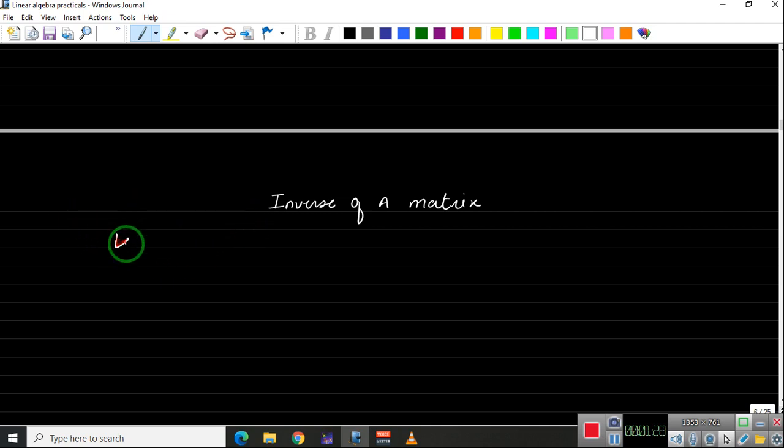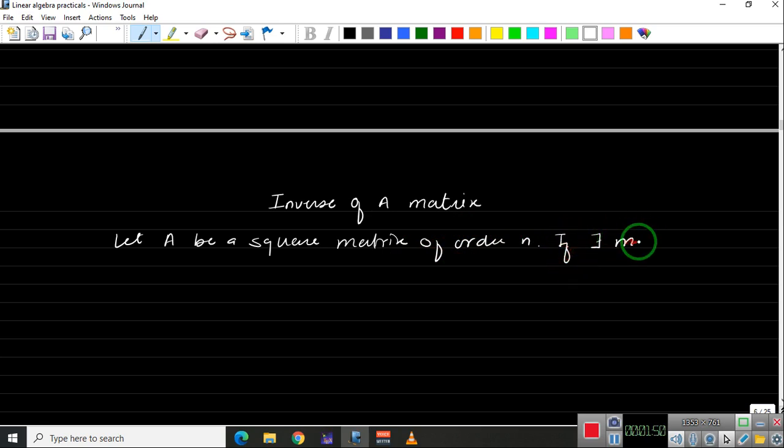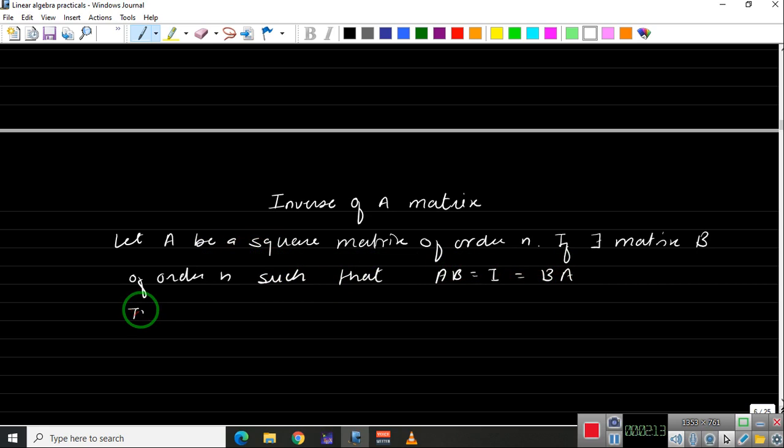Let us take a square matrix A. Let A be a square matrix of order n, say n by n, if there exists a matrix B of order n such that A into B is equal to identity, which is the same as B into A, then B is called the inverse of A.